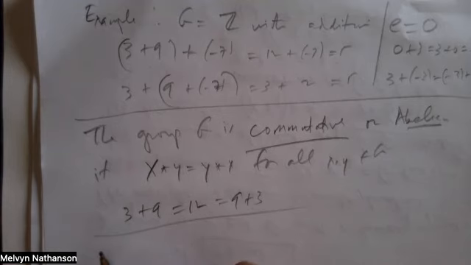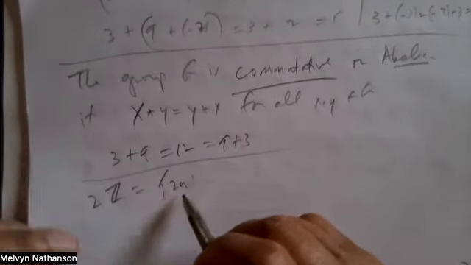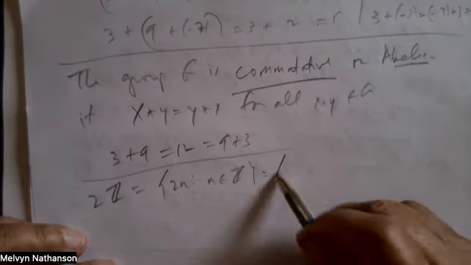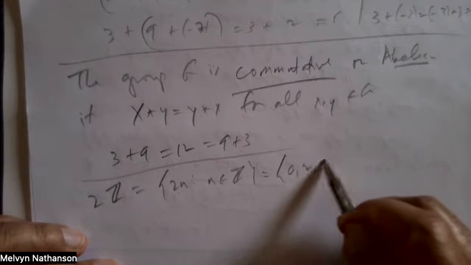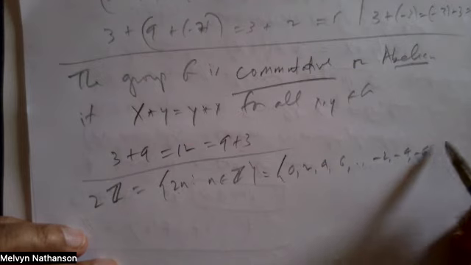So Z is a group. Suppose we look at 2Z. By 2Z, I mean the set of all numbers of the form 2 times n for all n in Z. This is the set of 0, 2, 4, 6, minus 2, minus 4, minus 6.